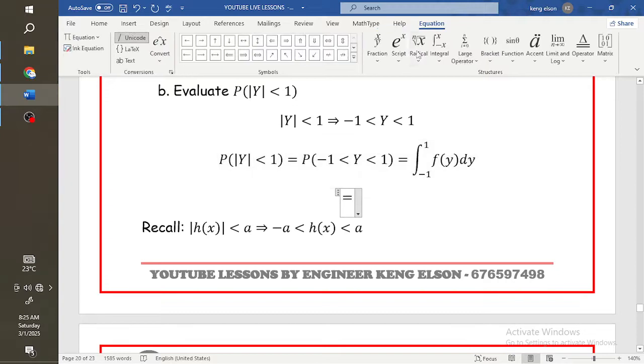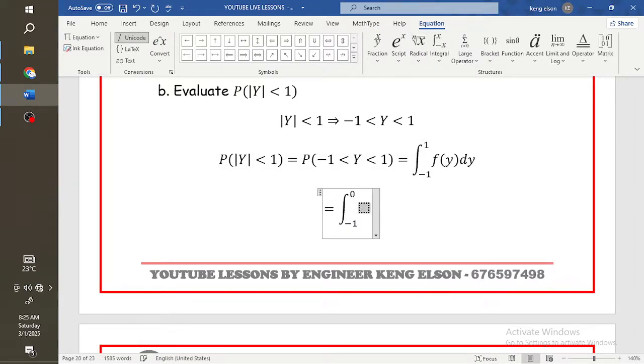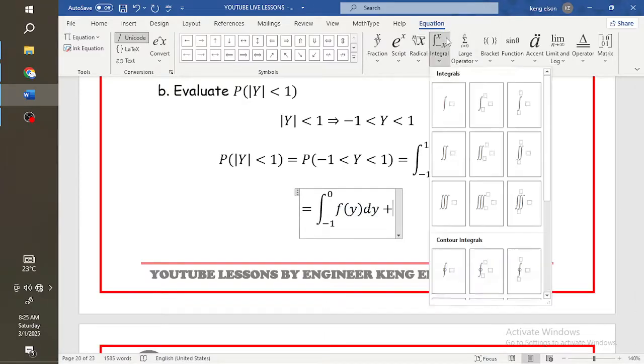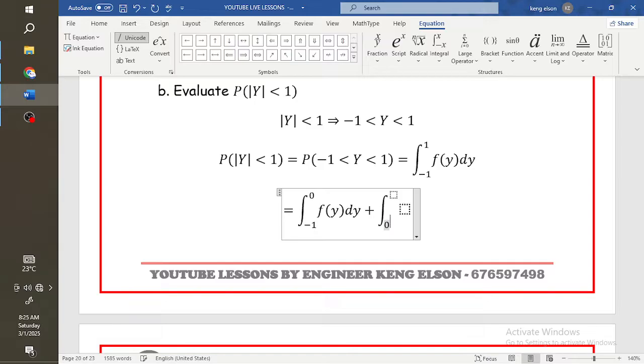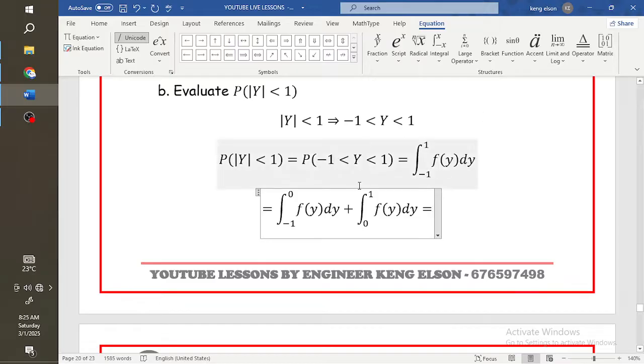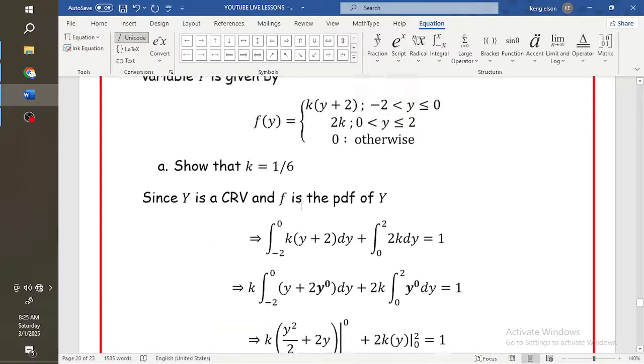So what I'm going to do is that I'm going to have the integral from minus 1 to 0 of f of y dy, then plus, now the next interval is the interval from 0 to 1 of f of y dy. Okay, so this is going to give me, now in the interval minus 1 to 0, what is f of y?